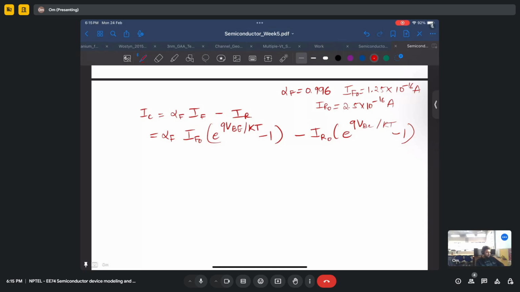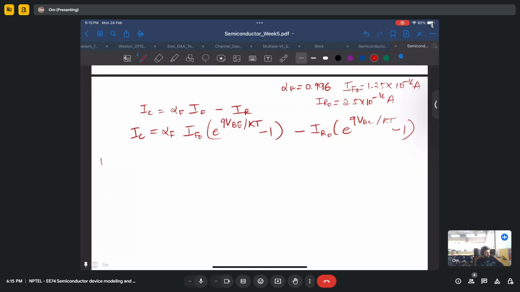So if we substitute these values in this equation of IC, we'll get IC equals 0.996 into 1.25 into 10 to the power minus 16 into e to the power VBE, which was given to be, sorry, 0.628, and VBC we calculated to be 0.528, right?